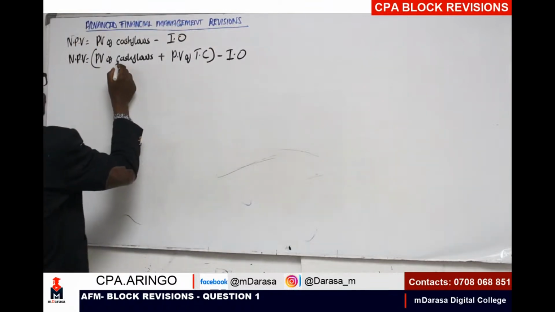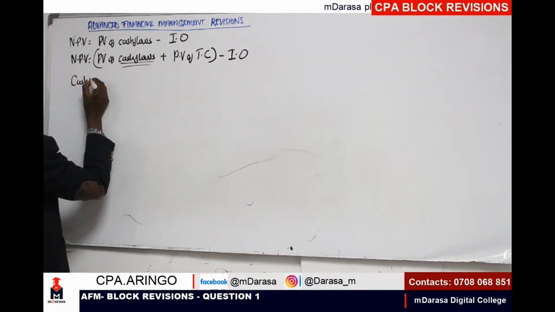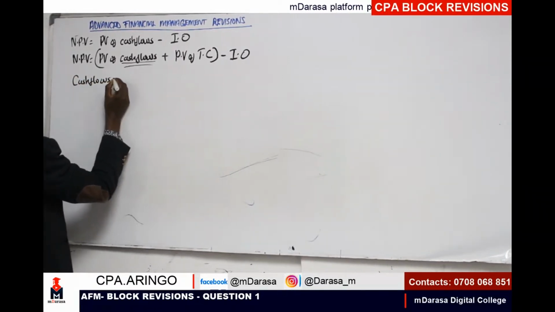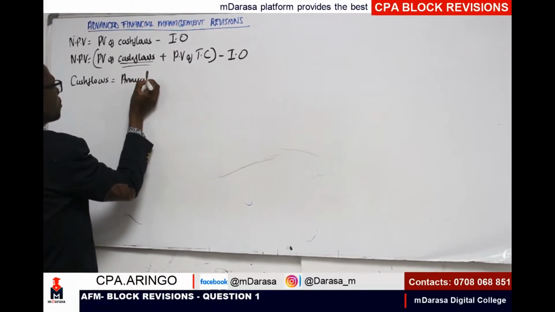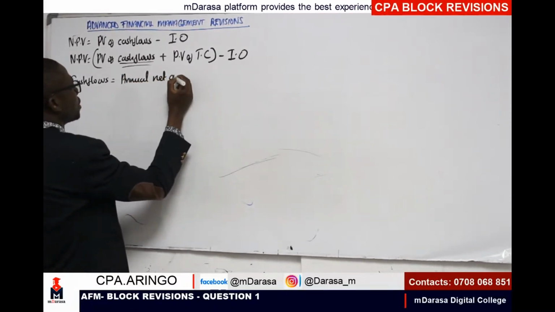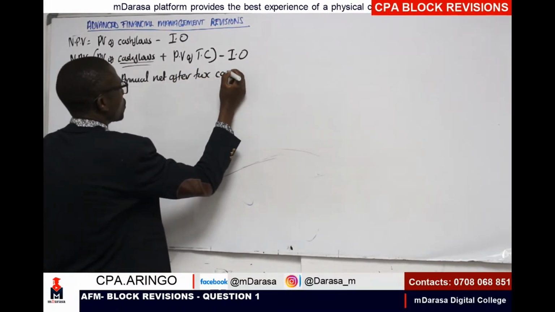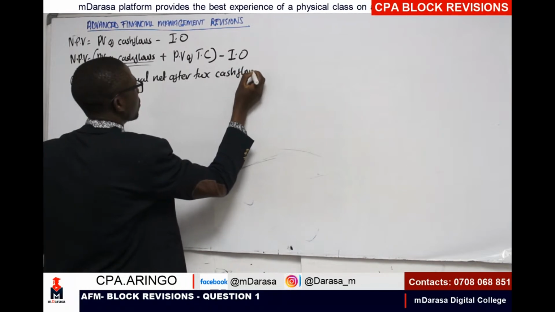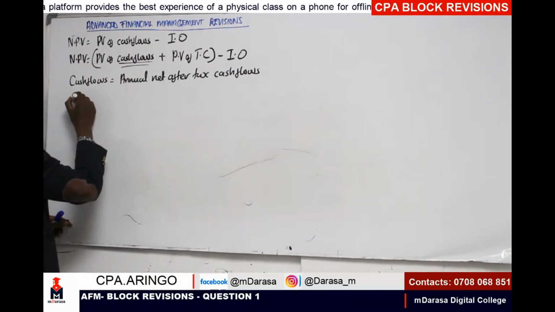The cash flows that we are talking about here are annual net after tax cash flows. How will you determine the annual net after tax cash flows?